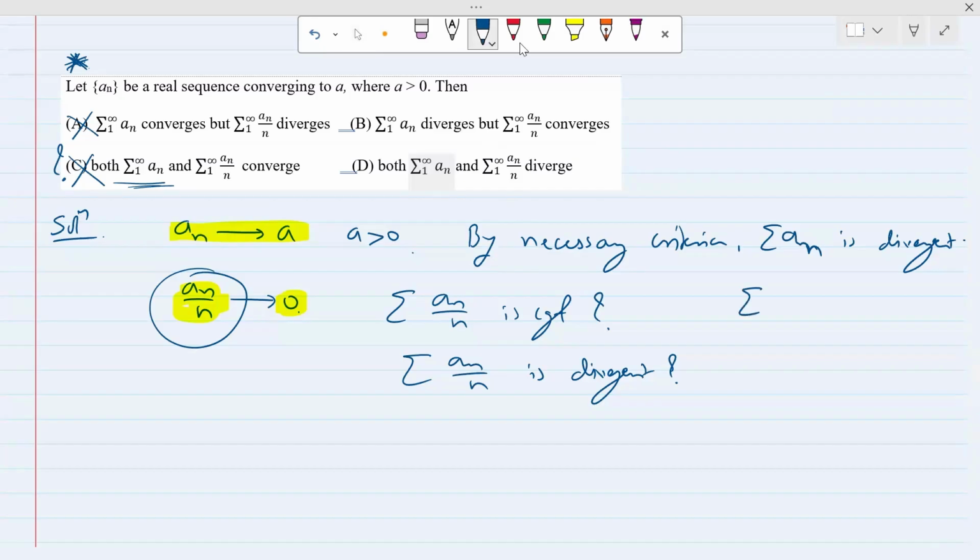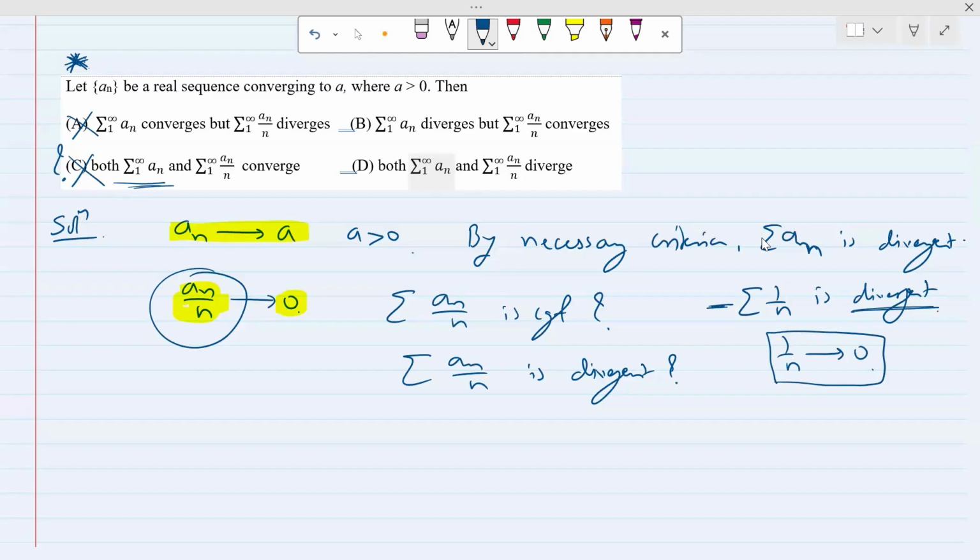See, summation 1 by n is divergent. We all know this. But where does 1 by n go? It goes to 0. So even after 1 by n going towards 0, the series is divergent. So the converse of the necessary criterion is not true. The necessary criterion holds only in one direction.